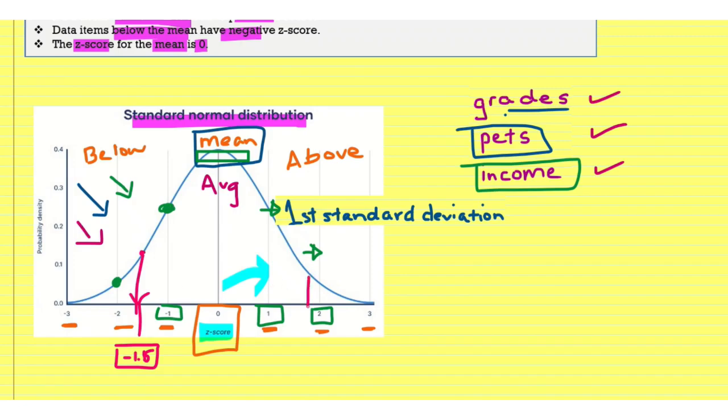Let's say we had one right here. The z-score there might be like 1.75, and if a person's score fell right there, it would have an above average z-score. It means that score would be above average for that test. Okay, hopefully that helps you understand the connection between a z-score and a normal distribution.